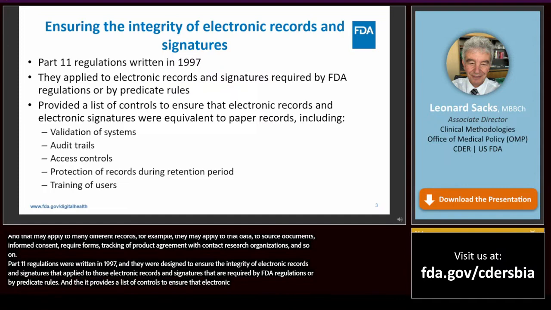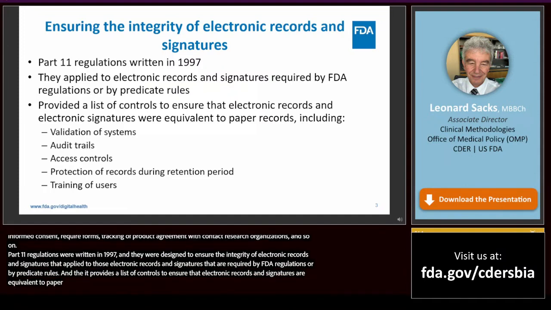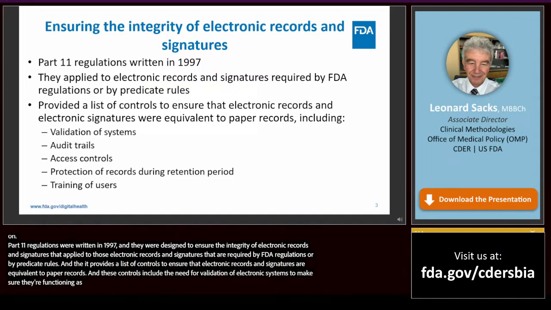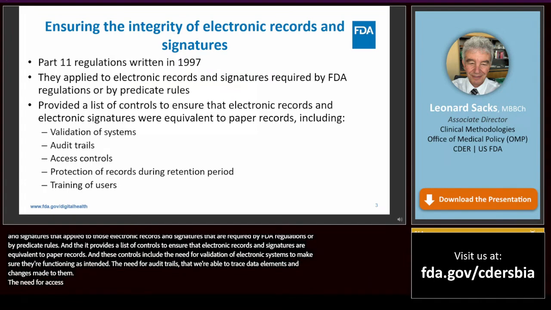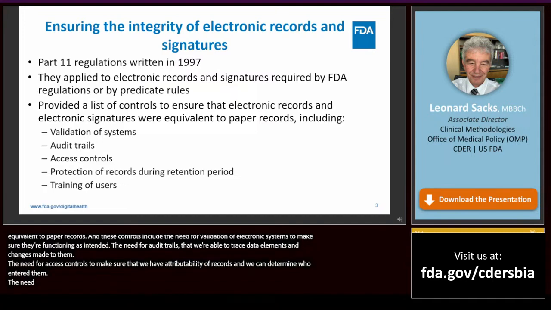These controls include the need for validation of electronic systems to make sure they function as intended, the need for audit trails so that we're able to trace data elements and any changes made to them, the need for access controls to make sure that we have attributability of records and can determine who entered them, the need for protection of records during the record retention period so that they can be inspected, and the training of people using these electronic systems to make electronic records.